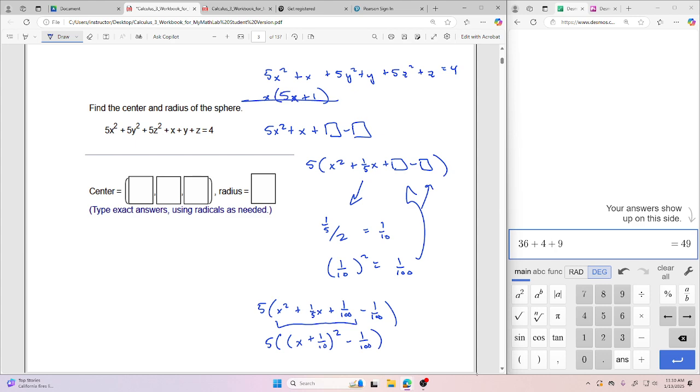Okay. From here, if you just pause for a second, we just did the x's, you do the y's and z's the same. But we're getting a form, right? I don't know what the final answer radius is, but I'm pretty sure I can get the center at this point.